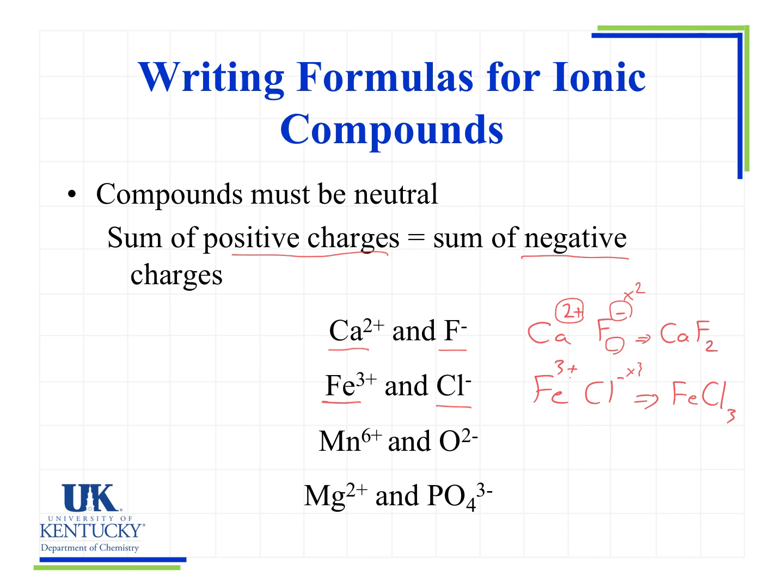So let's see the next example. What if we have Mn with 6 plus and oxygen that is 2 minus? So we have 6 positive charge and we have 2 negative charge.